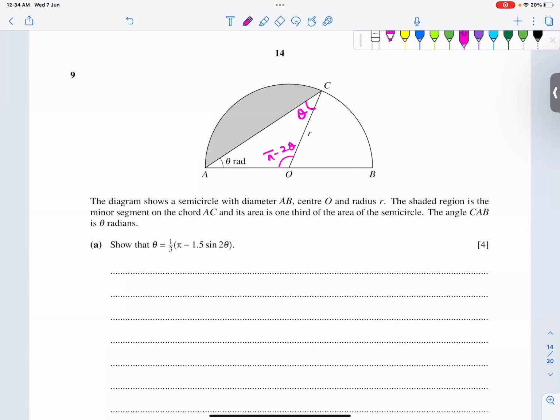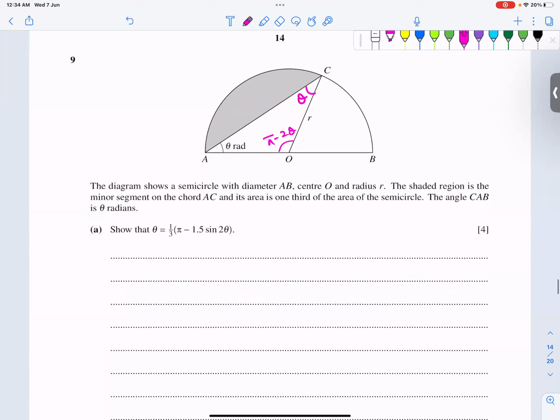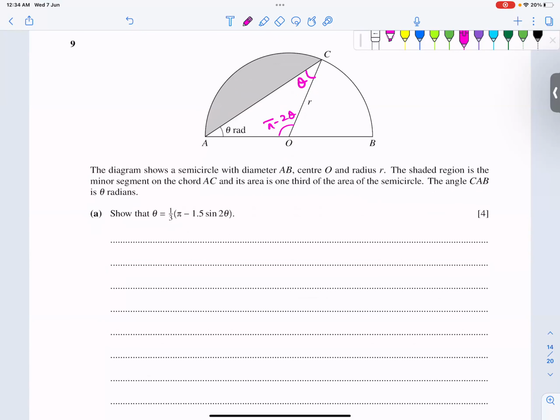Now we will target this shaded area. Shaded area can be found by, first of all, finding the area of the sector AOC, which will be 1 over 2 r square theta.